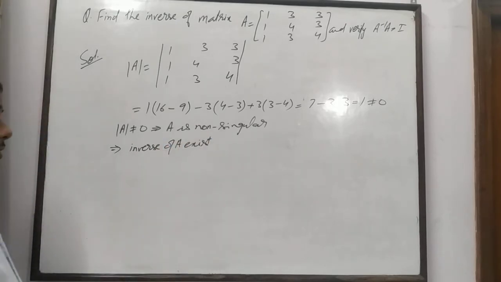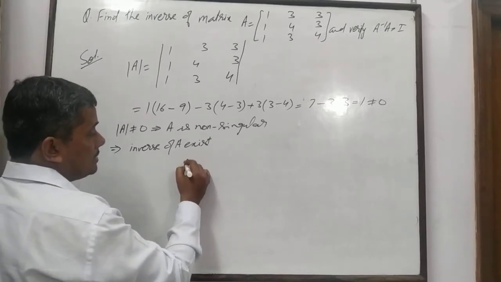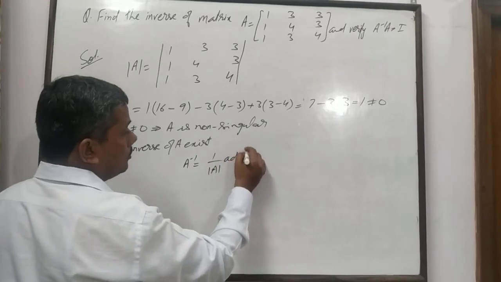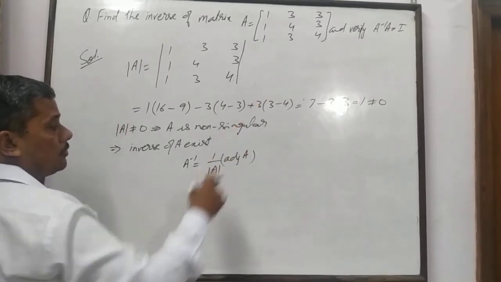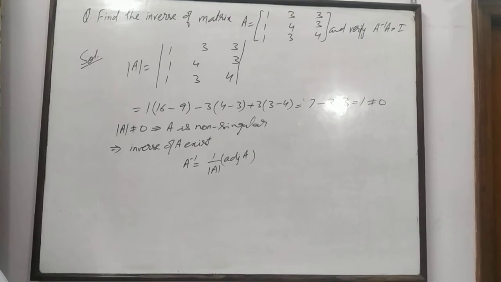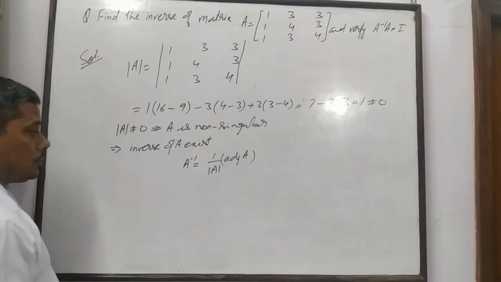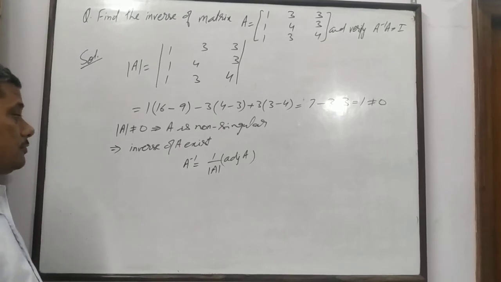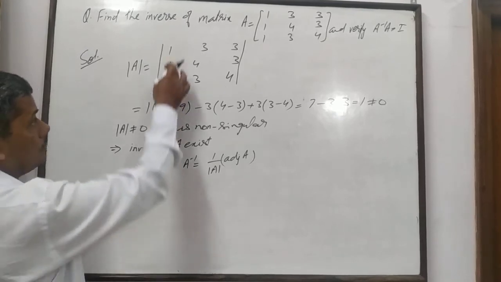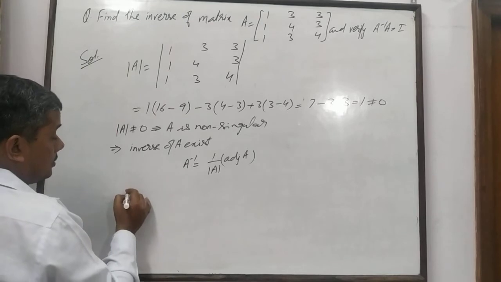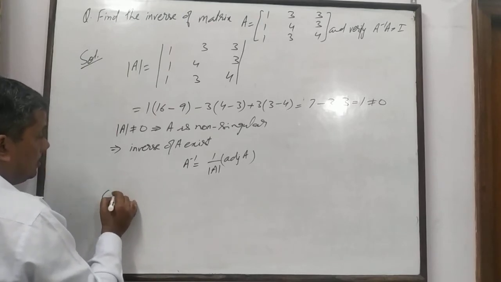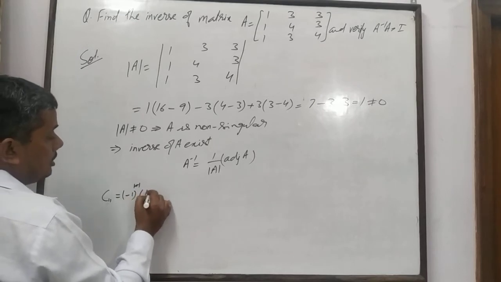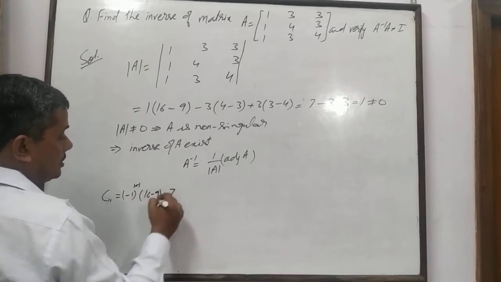Now we have obtained a formula that says A inverse is 1 upon determinant of A into adjoint of A. Determinant A we have already found, which is 1. And what about adjoint of A? To find adjoint of A, we need to find the cofactors of each element of the matrix. So C11 is equal to minus 1 raised to power 1 plus 1, 16 minus 9, it is 7.